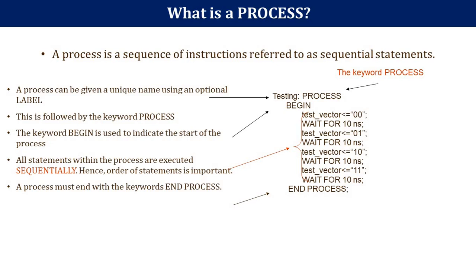And all the statements which are executed sequentially, we have to write in sequential order. And that order of statements is very important because they are executing one by one. And finally we end the process with the keywords end process. This is the way to write a process, and the process plays a very important role because we are going to apply stimuli one by one to the design under test.